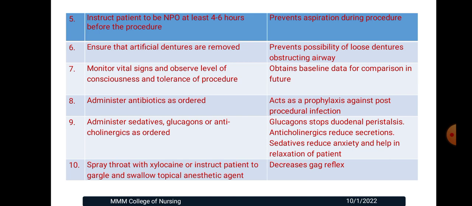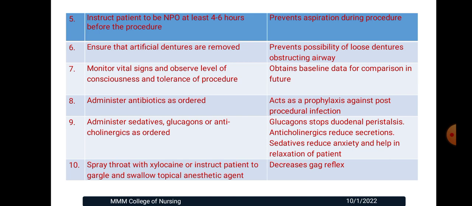Monitor vital signs and observe level of consciousness and tolerance of procedure. It obtains baseline data for comparison in future. Administer antibiotic as ordered. It acts as a prophylaxis against post-procedural infection.